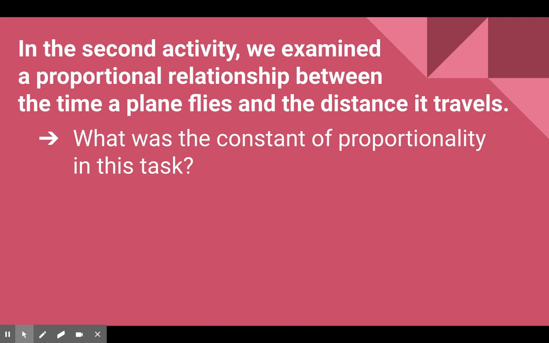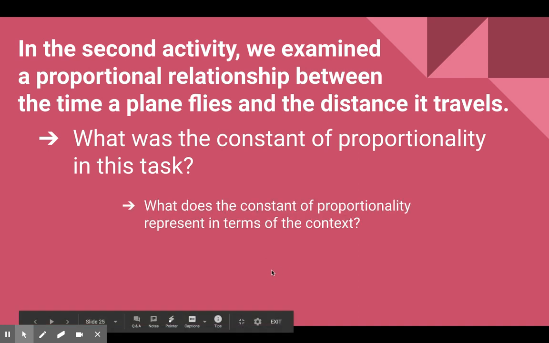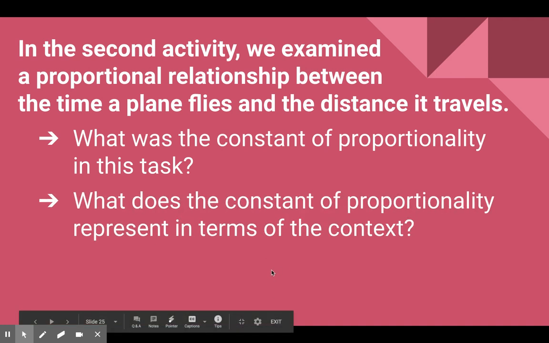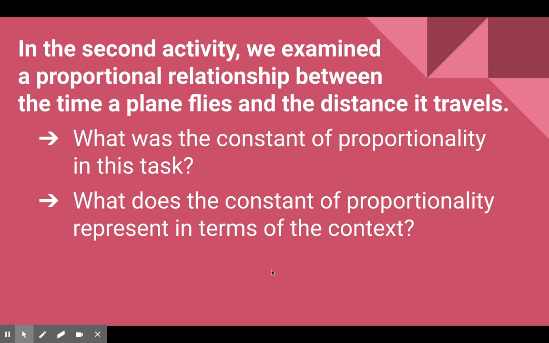We realized that for 1 hour, we could go 550 miles, or the reciprocal of that, in 550 miles, we could complete in 1 hour. So what does the constant of proportionality represent in terms of this context? We're just talking about the speed being traveled by the airplane. So once again, we're talking about the magnitude of speed.